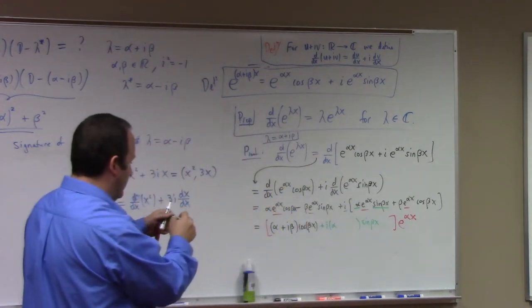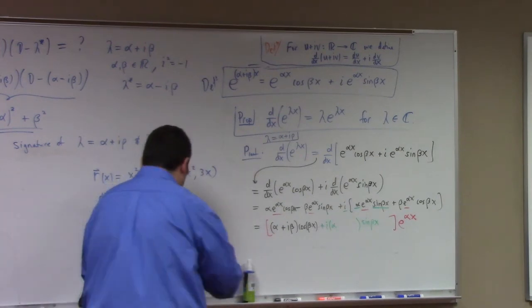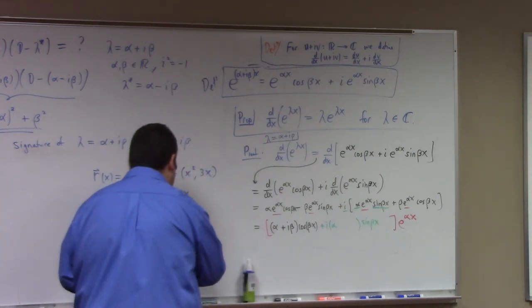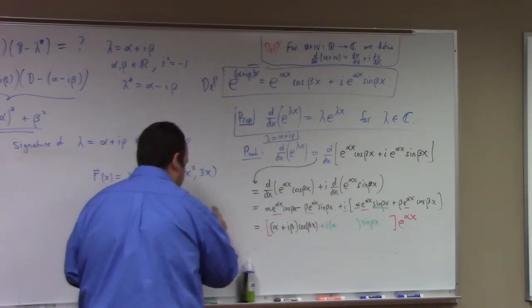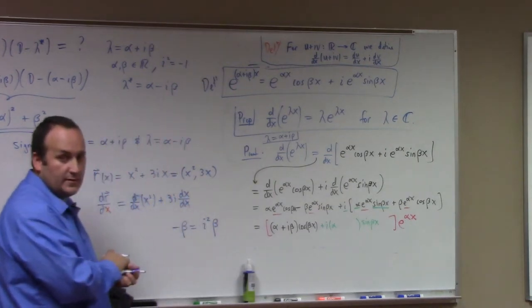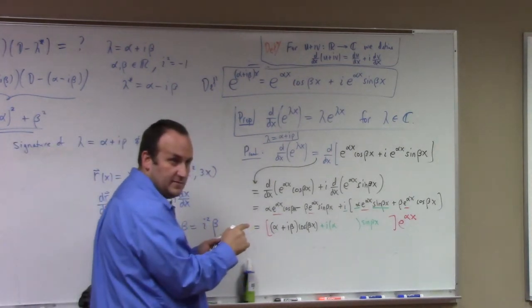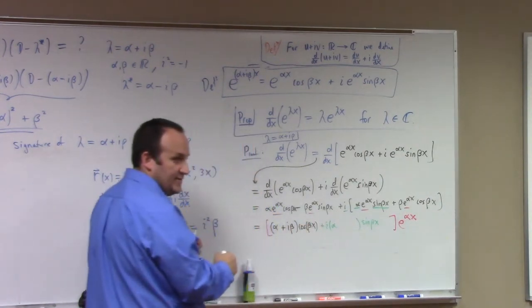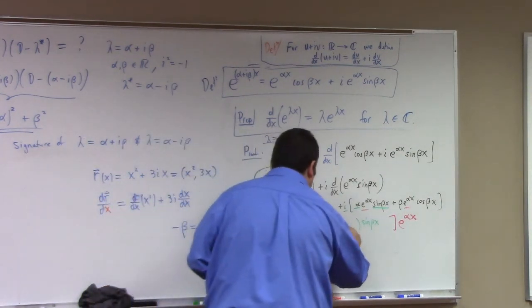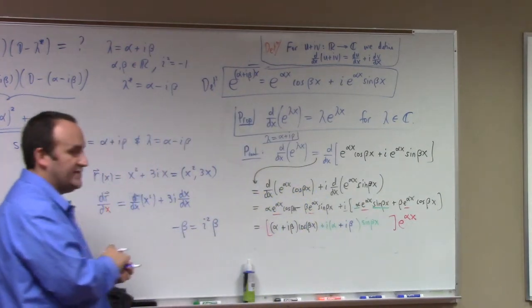What else is there, though? Minus beta is what in disguise? This is where you need a little imagination. Minus beta is i squared times beta, all right? So what I'm going to do is take one of those i's and put it out here, and take the other i and put it in here. Does that make sense?